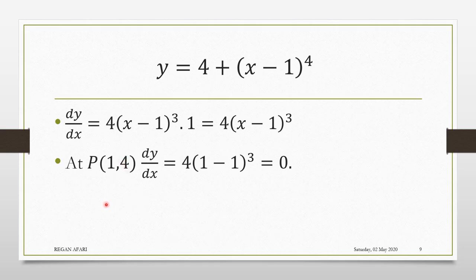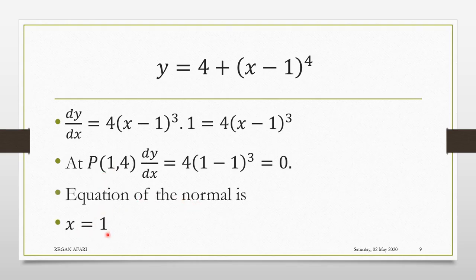So whenever you differentiate a curve at a point and the answer is 0, then the equation of the normal is just the x value. So the normal is x equals 1. All right, put that one in mind. Whenever the gradient is equal to 0, the equation of the normal is the x value. Okay, so x equals 1.